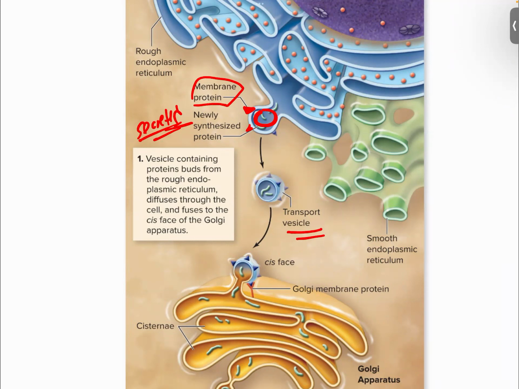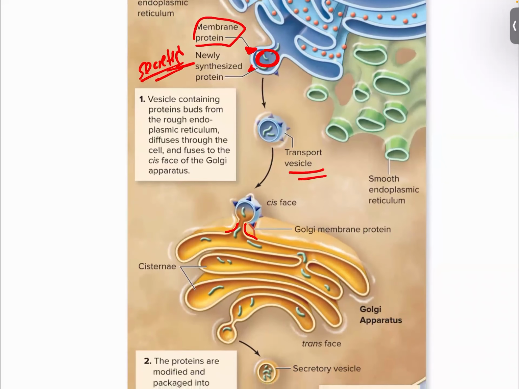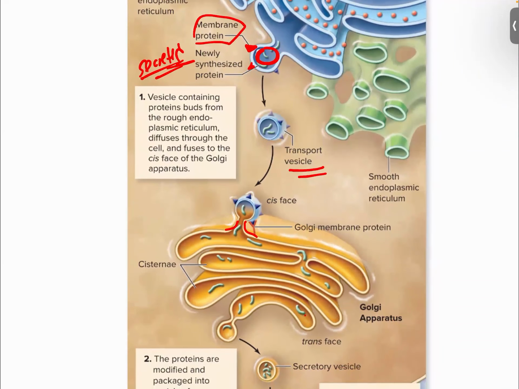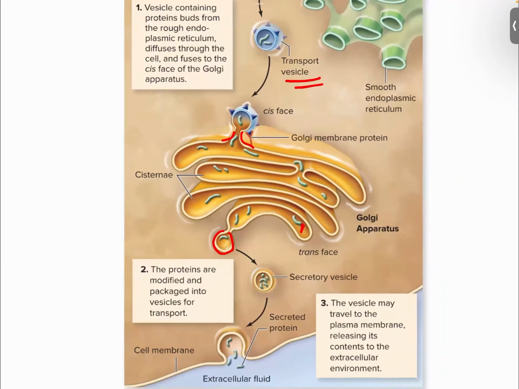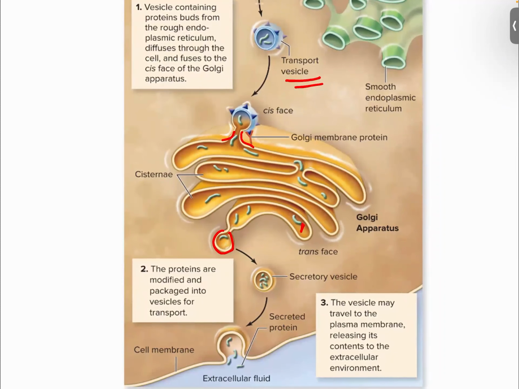So it's not ready for release yet. It's got to be modified, right? And also membrane proteins that are crude as well. Then when it docks to the cis face, it'll dock into this particular area, and then it'll go through the Golgi being modified. So these are more modified, and eventually you get to the finished product and you get to the secretory vesicle, which will then go to the plasma membrane.